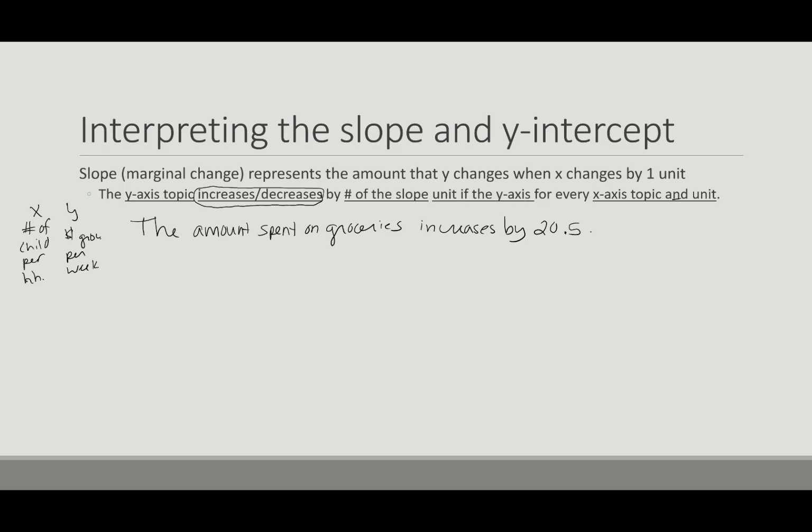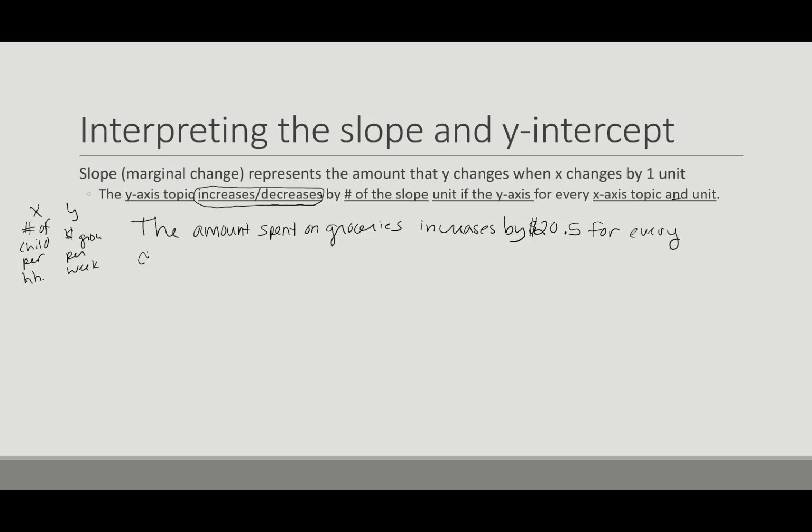Now it says we need the unit of the y-axis. Well, since we were measuring this in dollars, we wouldn't want to put it at the end of our 20.5. We would actually want to sneak it in here at the beginning of the 20.5, because that's the standard way to write our notation for money. And then for every, now our x-axis topic. Well, we were talking about the number of children.